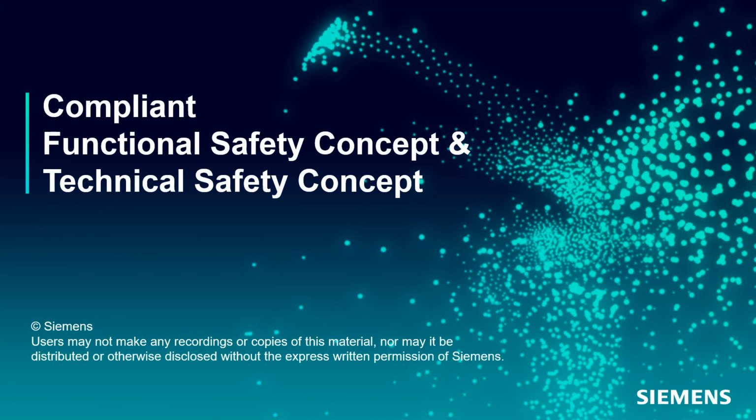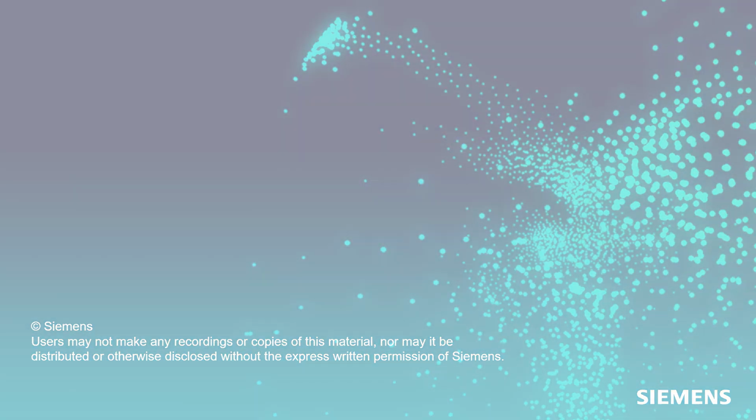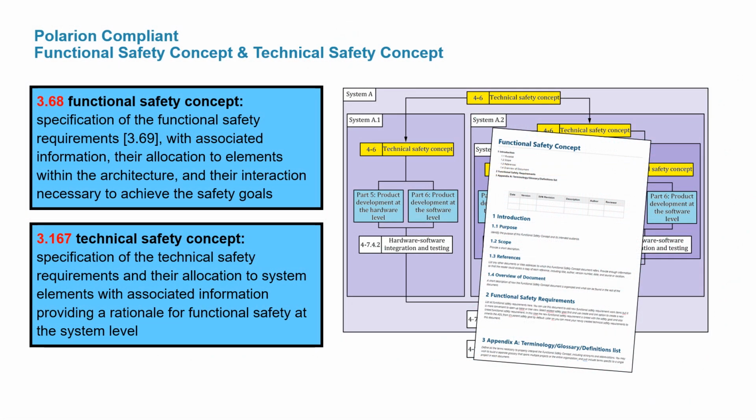Compliant functional safety concept and our technical safety concepts. Next, we will start our functional safety concept and our technical safety concept. The functional safety concept is a specification of requirements with associated information and their allocation to elements within the architecture and their interaction necessary to achieve the safety goals.